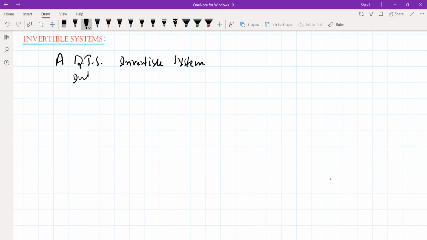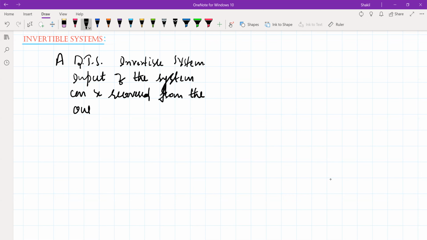So, if the input of the system can be recovered from the output of the system, then that system is referred to as an invertible system.